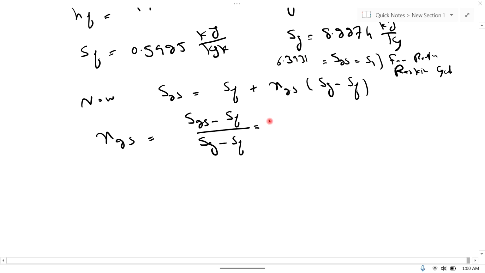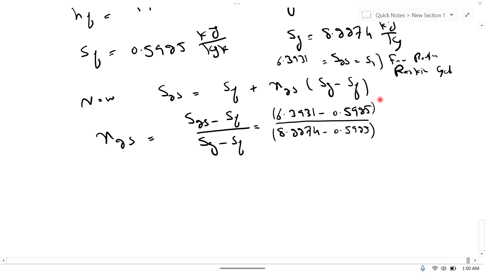So putting values here, S2S is equal to S1, which is 6.3931 kilojoule per kilogram per Kelvin. SF is equal to 0.5925. Similarly, Sg is 8.2274 and SF is 0.5925.